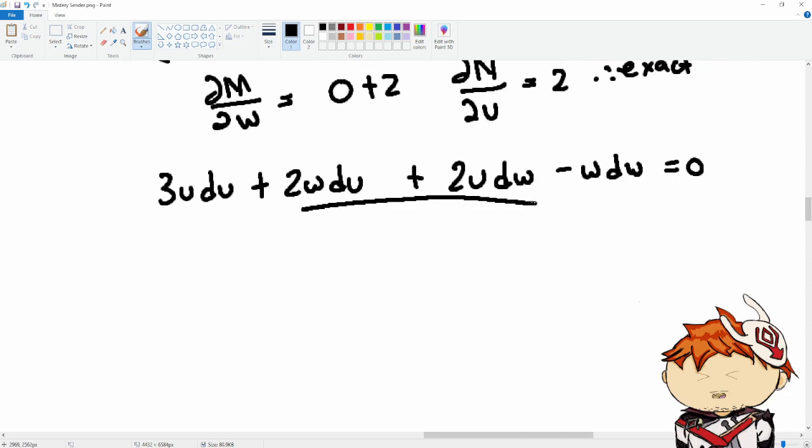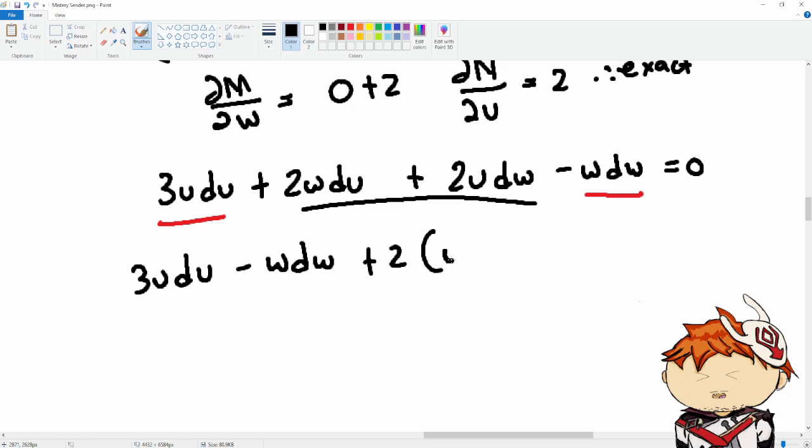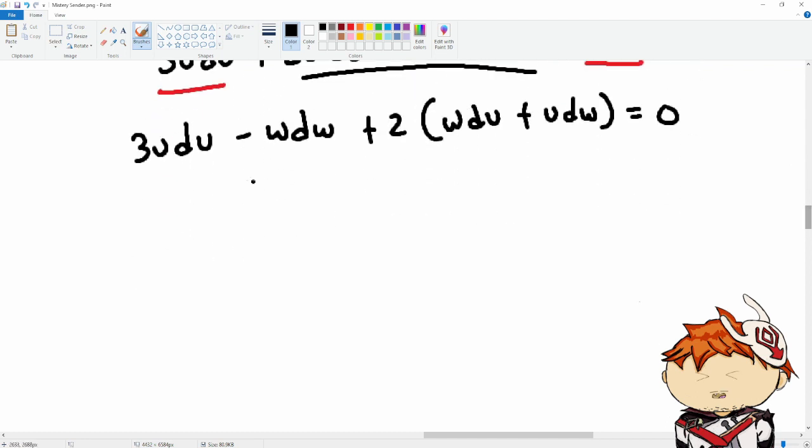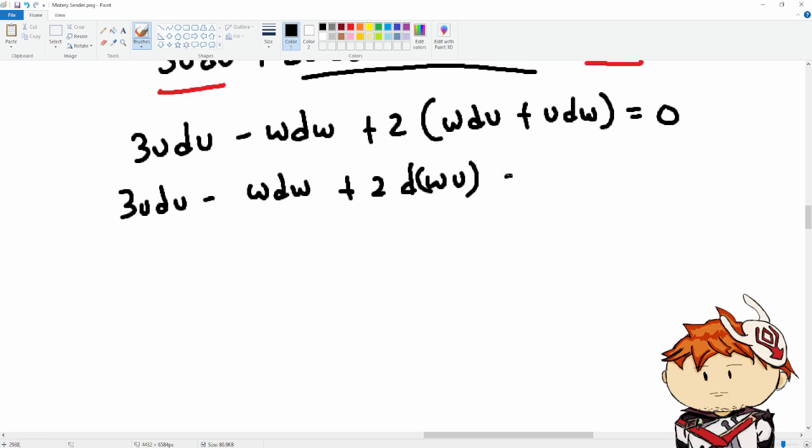I'm just gonna write the variables with the same variables already, then I'm gonna separate 2. Then w du plus u dw. So this will become 3u du minus w dw plus 2 d(wu) equal to 0.